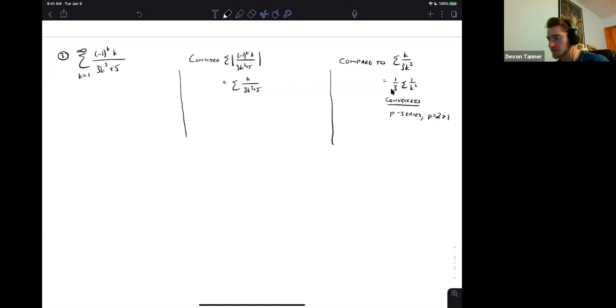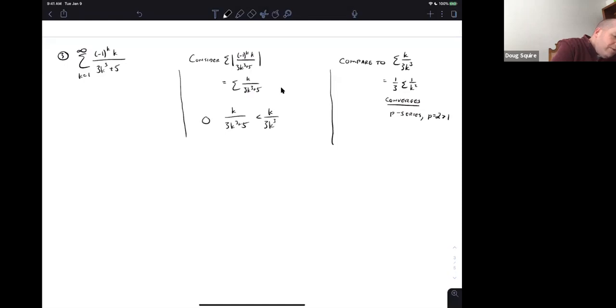We can, because this one on the right converges, which means it levels off. We want the positive one to be smaller than that, and it is because the denominator is bigger. So we're going to say, okay, k over 3k to the third plus 5 is less than k over 3k to the third, and those are positive.